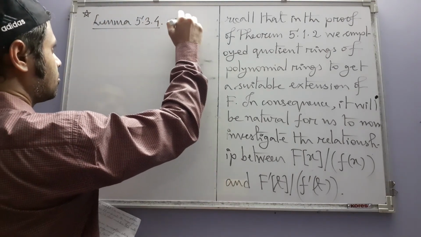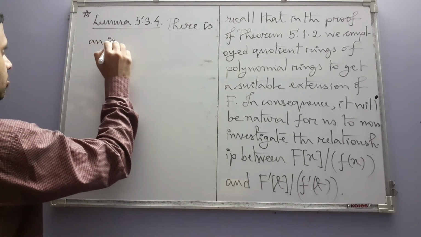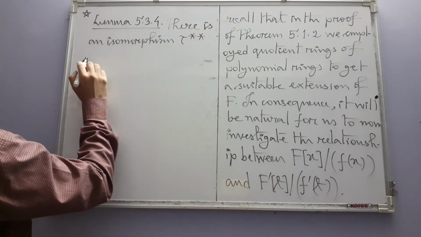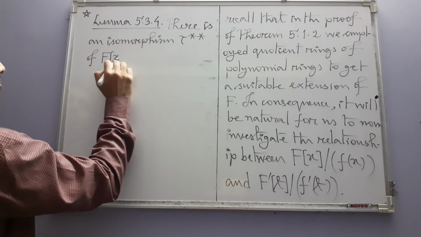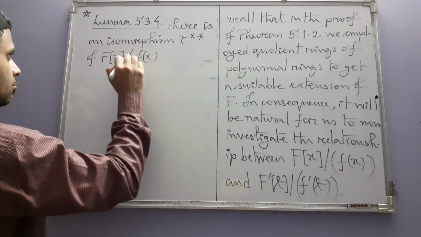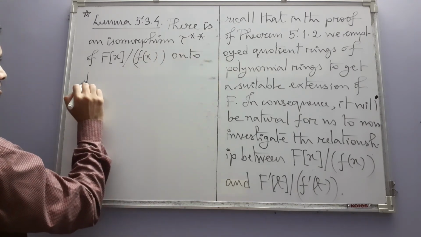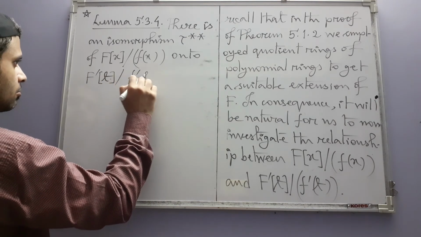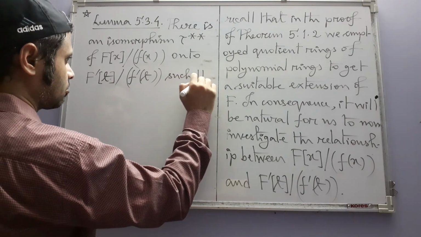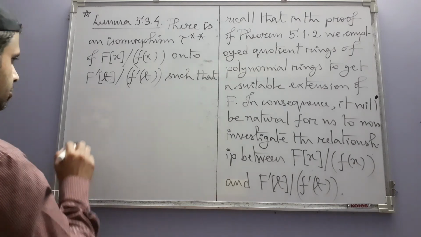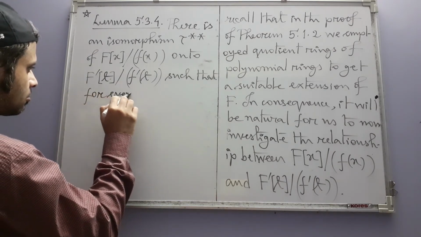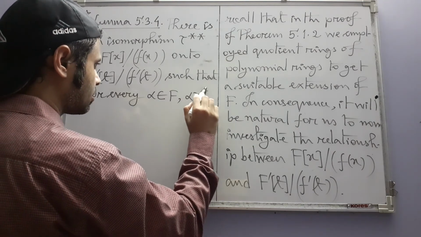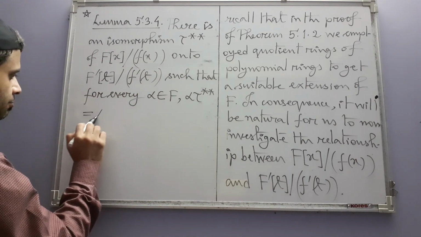So we write: there is an isomorphism tau double star of this onto this, such that here also, for every alpha belonging to F, alpha tau double star is just like what we had before, alpha prime.